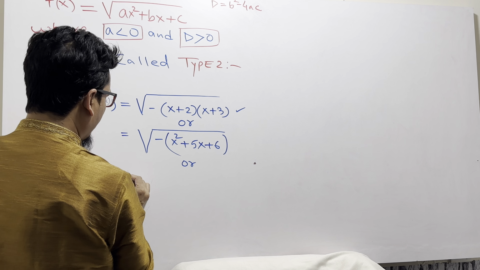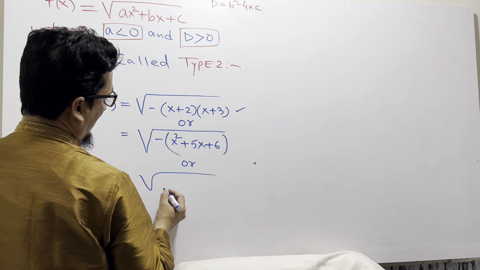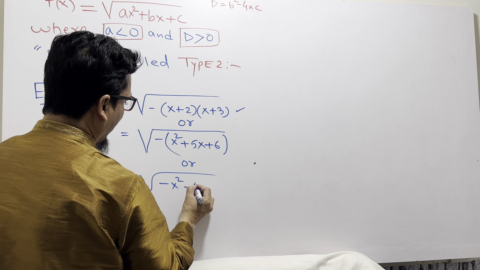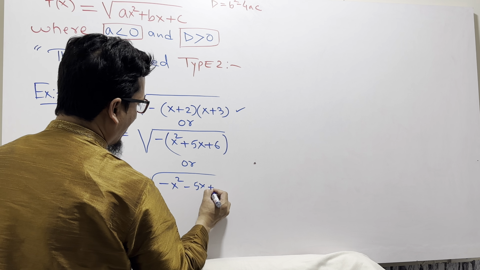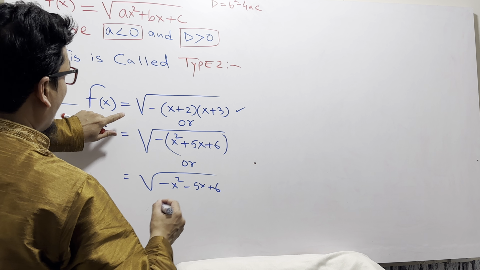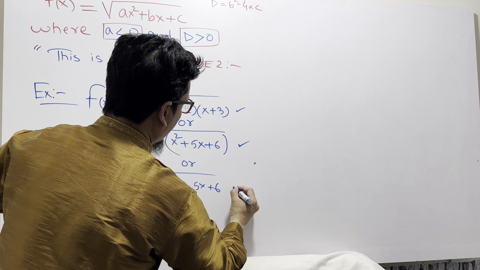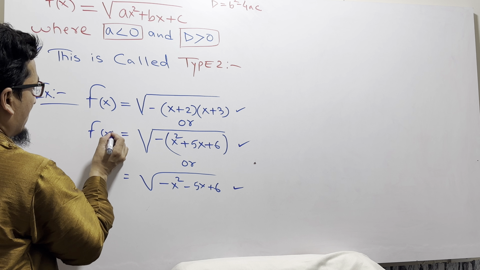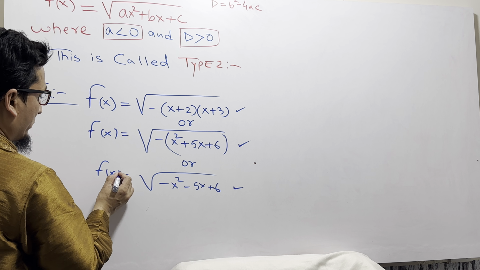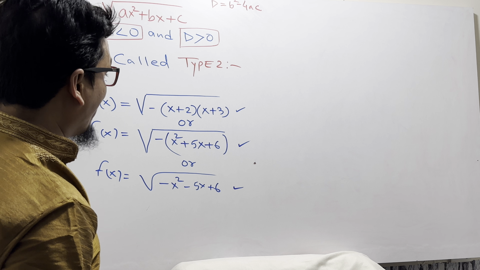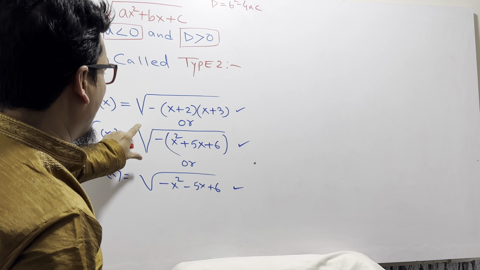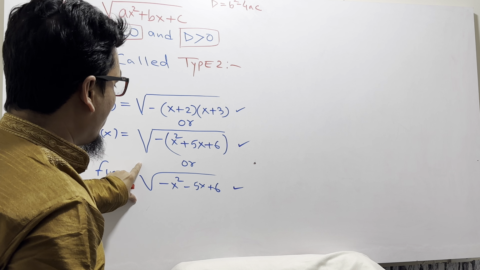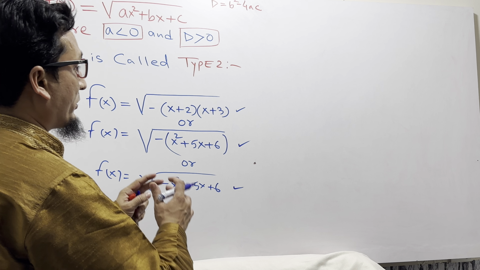So the function is minus x square minus 5x minus 6. These questions are all the same thing, this is f(x). Sometimes you can see this form in the book, sometimes that one. All these three are the same question.